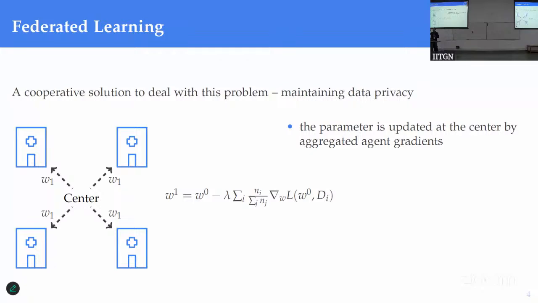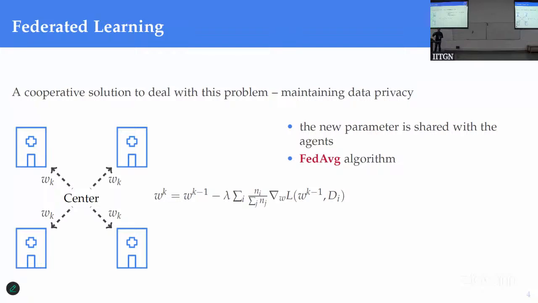You can see this step is like one gradient descent step with a learning rate of lambda. This is getting updated, and the process keeps happening over and over again. Because we are taking the average, this algorithm is known as the Fed averaging algorithm. It's a very popular algorithm for federated learning.